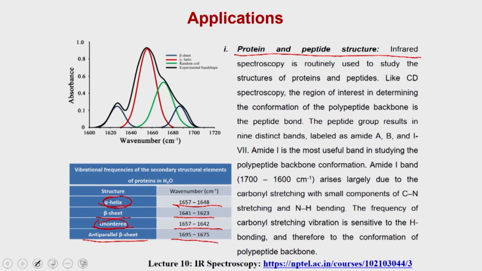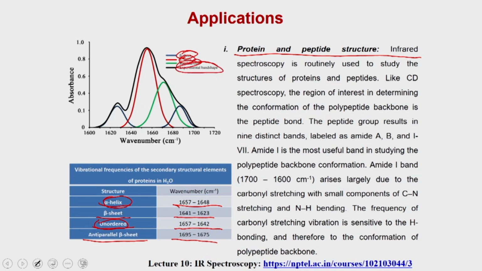All this is possible to characterize simply by looking at the absorption spectra, where you can see the beta sheets, alpha helix, random coils or the experimental band.